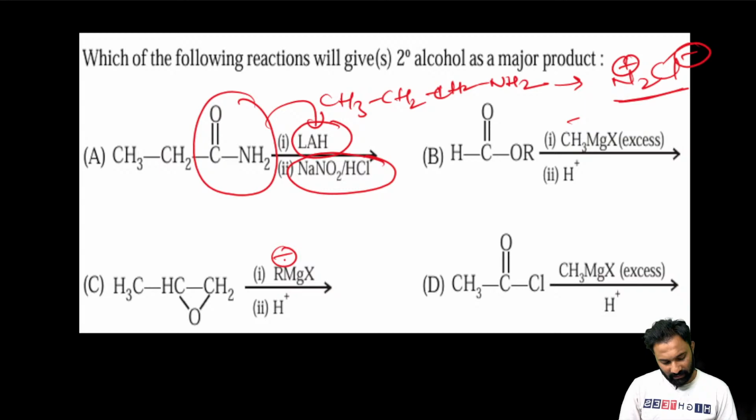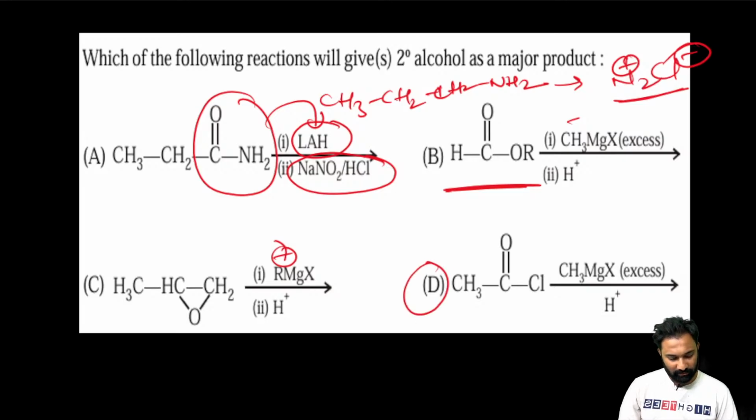Now very fast, the Grignard reagent will go and attack with the deficiency. Here, what is the product you will get, which degree alcohol will you get in the B, and in the D?